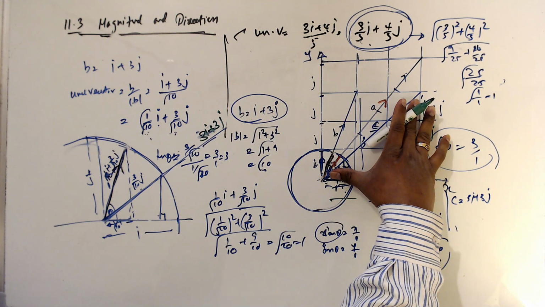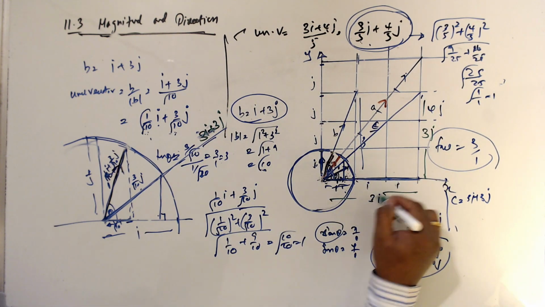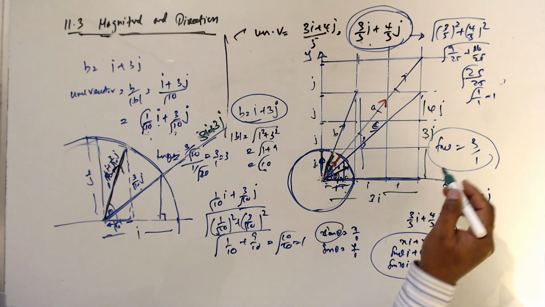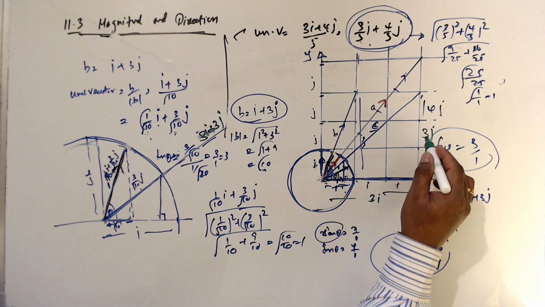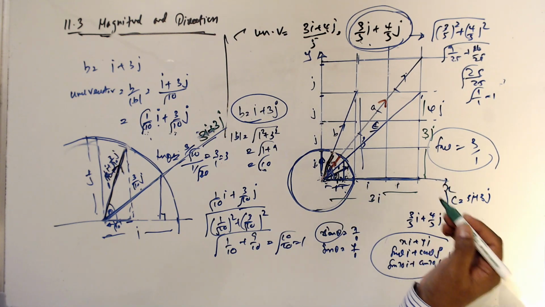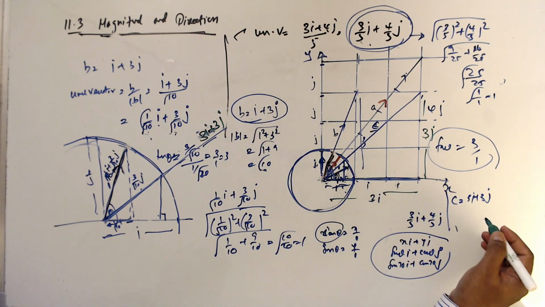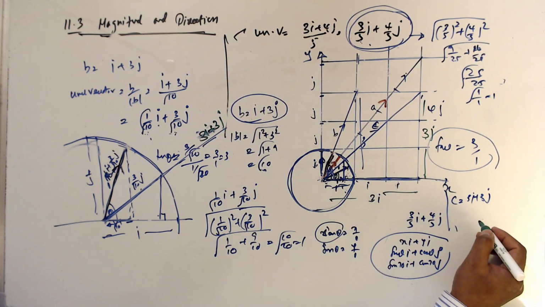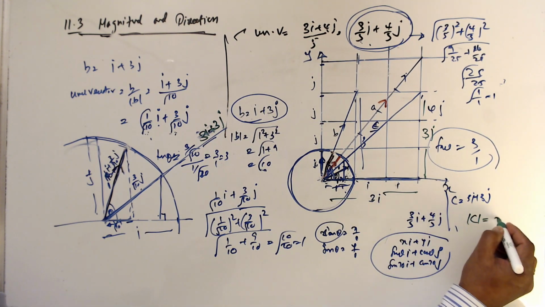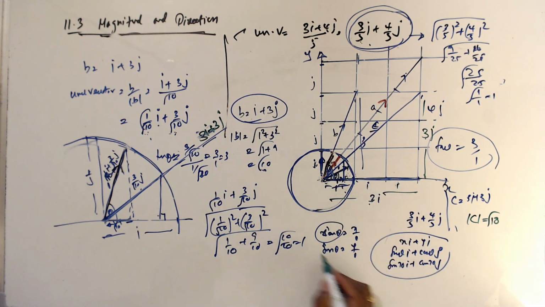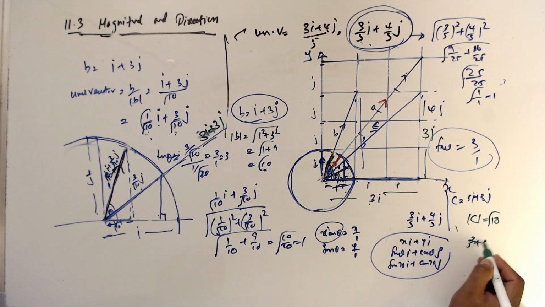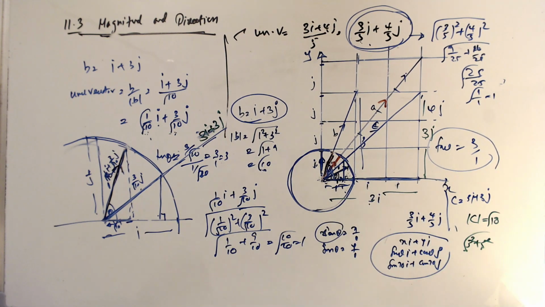How do you find the size? By Pythagoras. 3 squared plus 3 squared is 9 plus 9, the square root of 18. So square root 18 is the size of this one. So mod C is square root 18.